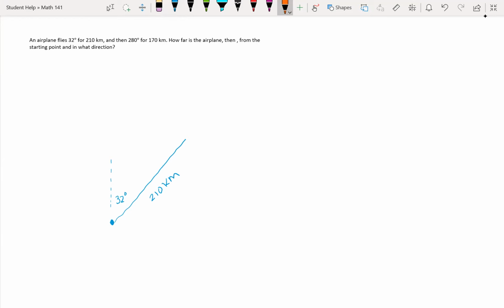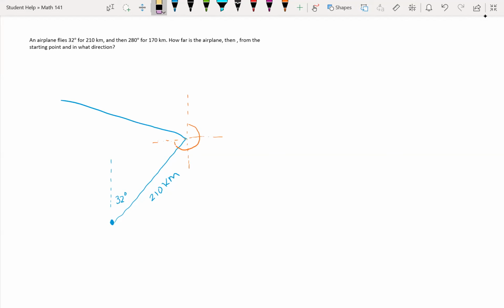Okay. Then at this point, it then goes 280 degrees. So what I'm going to do is I'm going to draw a new sort of axis system here from this point. And 280 degrees is going to go all the way around here. That's 270, and then an additional 10 degrees here. So it's going to go like this, right? So let me get rid of that.